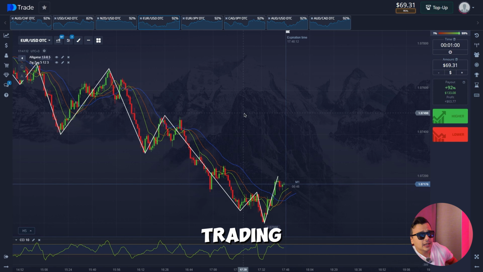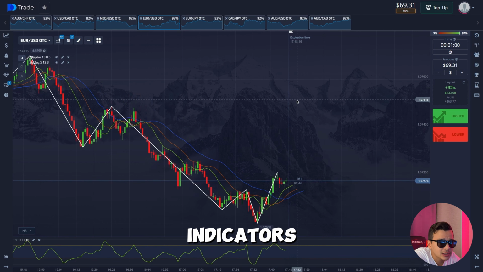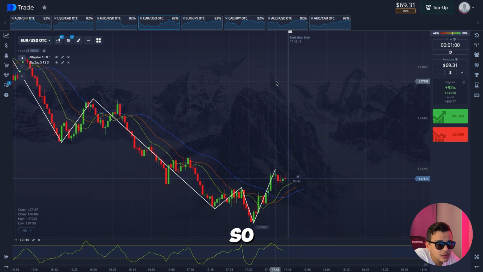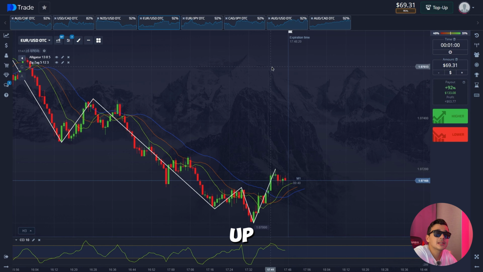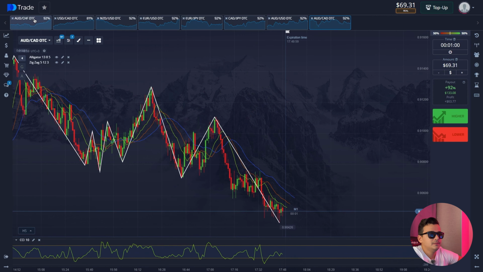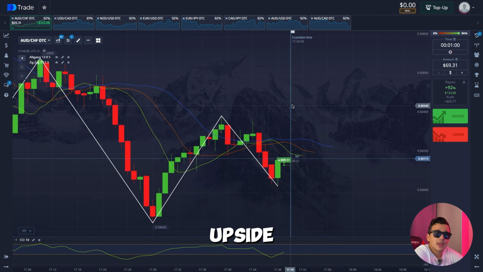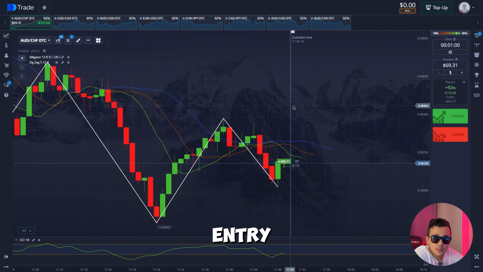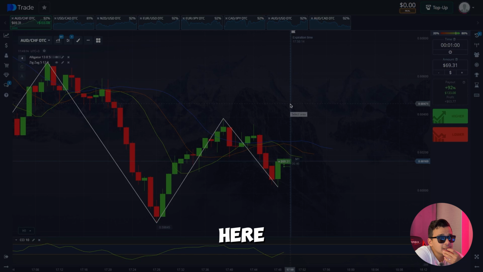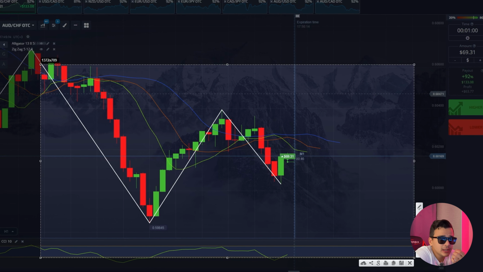Let's continue trading. I still want to find a trade based on the Alligator indicators. So let's go ahead and pick the next currency pair. Here again I'm going to open a trade on the upside, and here is a very good entry point. Again, I can stick to the Alligator indicators here, because the upward dynamics are prevailing right now.